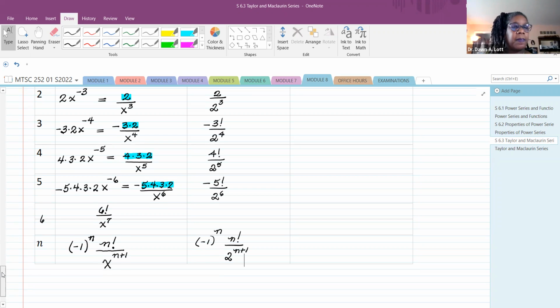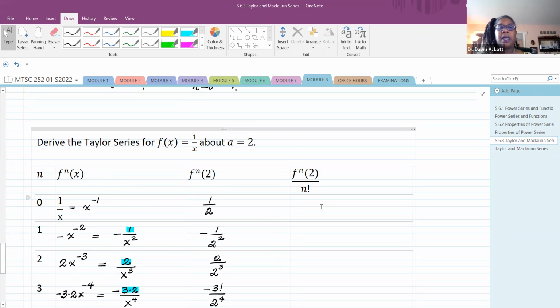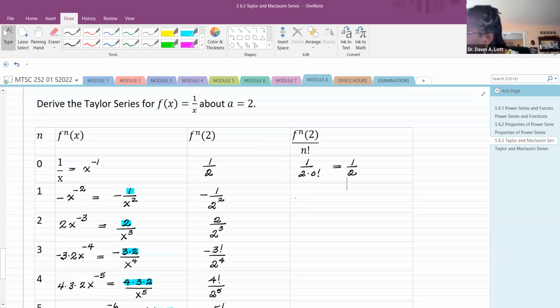All right. Now I have to come up here and divide this thing by n factorial. So I have 1/2 divided by 0 factorial, so that's just a half. I have negative 1 over 2 squared, and I have to divide by 1 factorial, so that's still negative 1 over 2 squared.